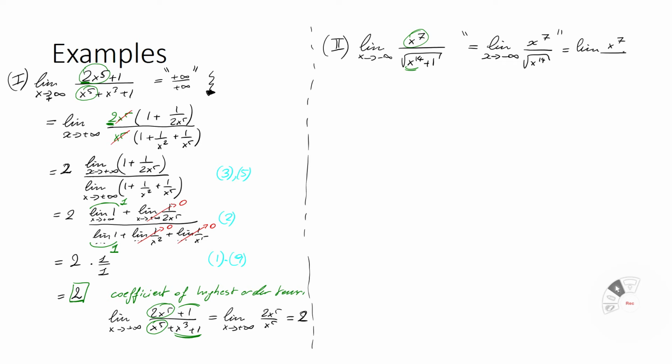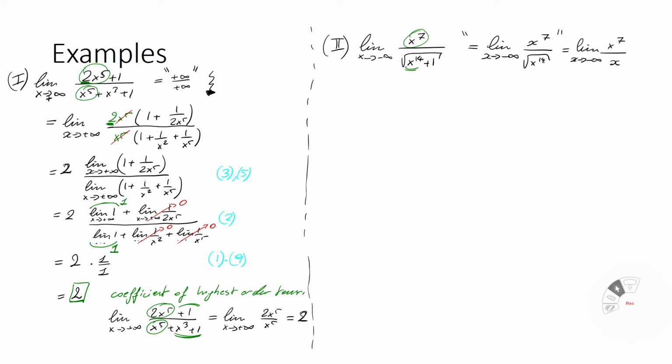limit of x to the 7 over the square root of x to the 14, x going to minus infinity. And now you have to be a bit careful. x to the 14, that's an even power, so that's positive. We take the square root, that's still a positive number, but keep in mind x here is very strongly negative.